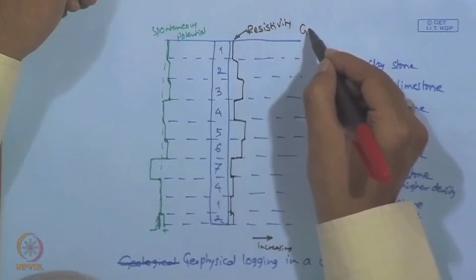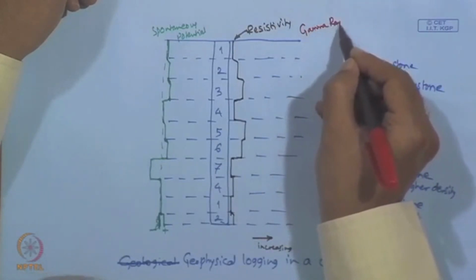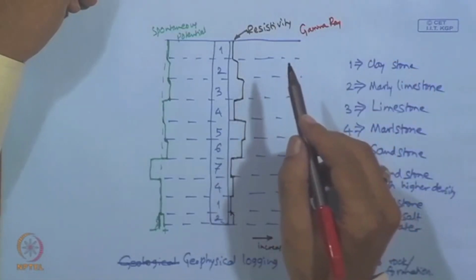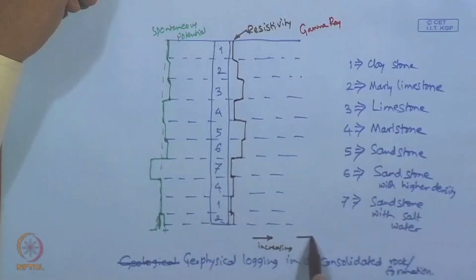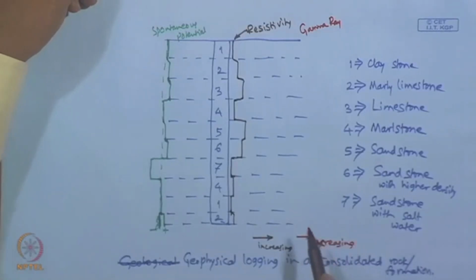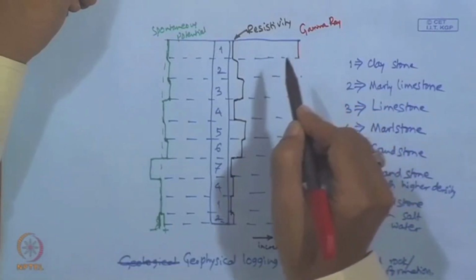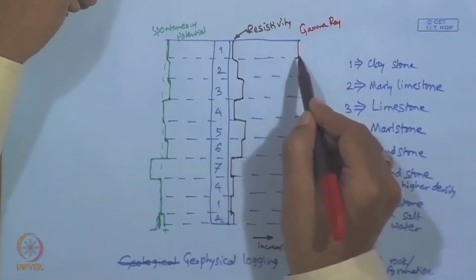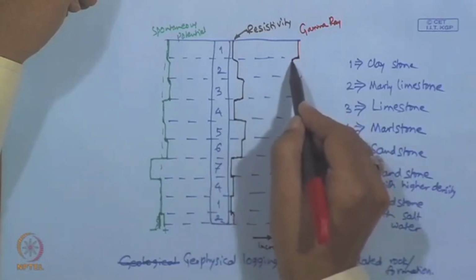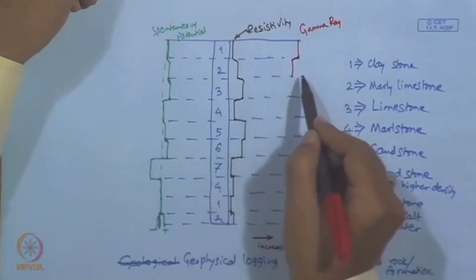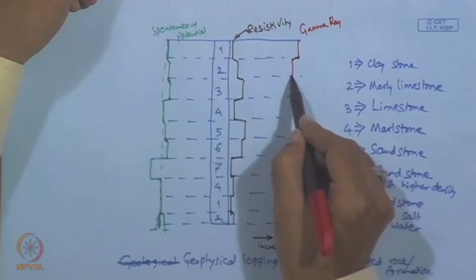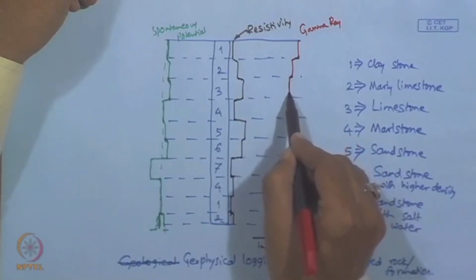And the third one, the same thing if we represent the gamma ray. Again, this is the increasing direction. In the first, that is claystone, it has some gamma ray potential. Then for the marly limestone, the gamma ray potential is less. Then the limestone is even less.